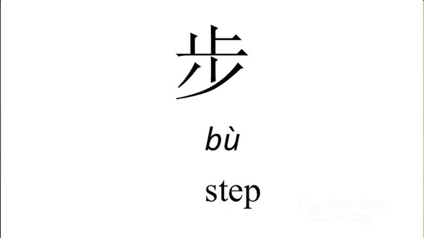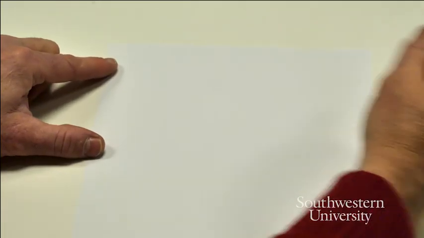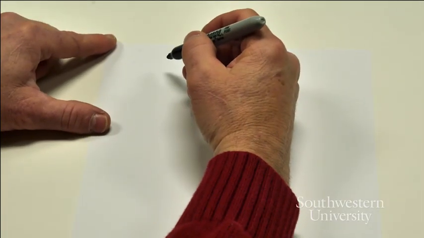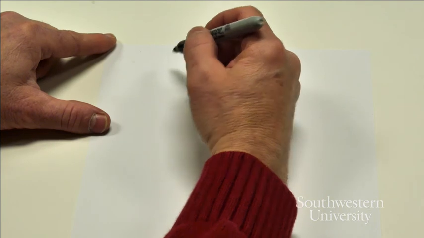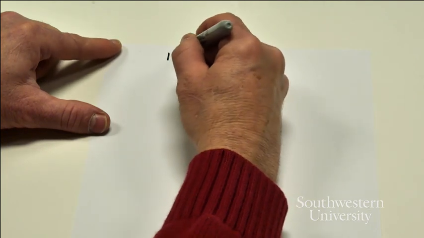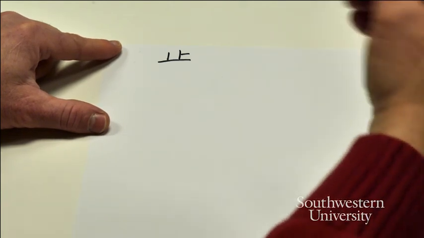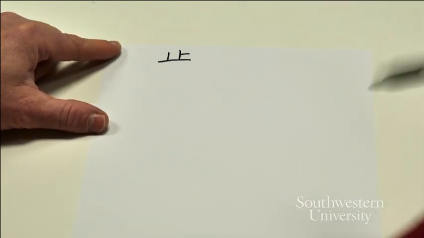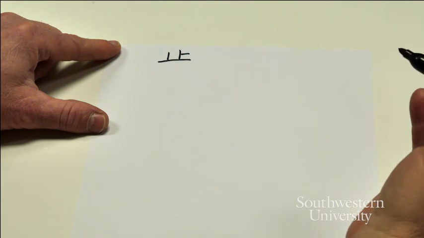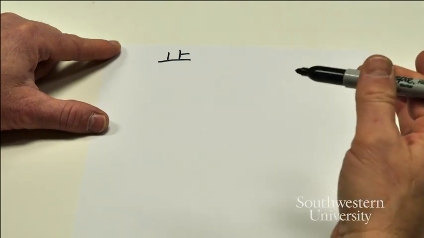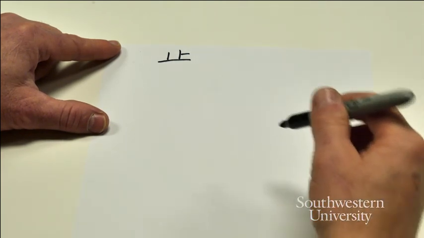And boo. Boo is anciently a depiction of 2 feet, one on top of the other, or one upside down, one upwards. And I won't try to write that, I'll just show you in the character.